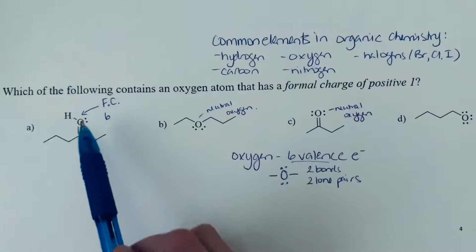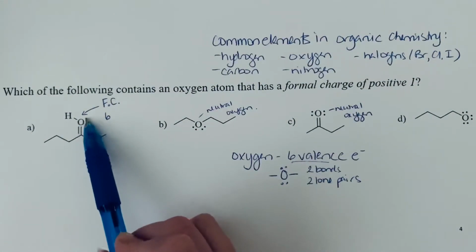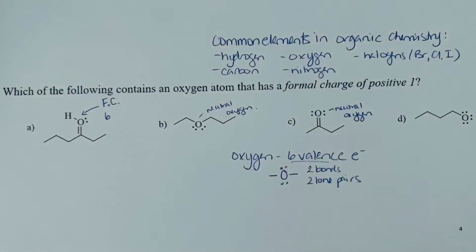So what we do is we say that any non-bonding electrons, so those would be lone pairs, those electrons definitely belong to that atom. And then for each covalent bond, we recognize that covalent bonds are shared electrons. So 1 electron from that bond belongs to one atom and 1 to the other.